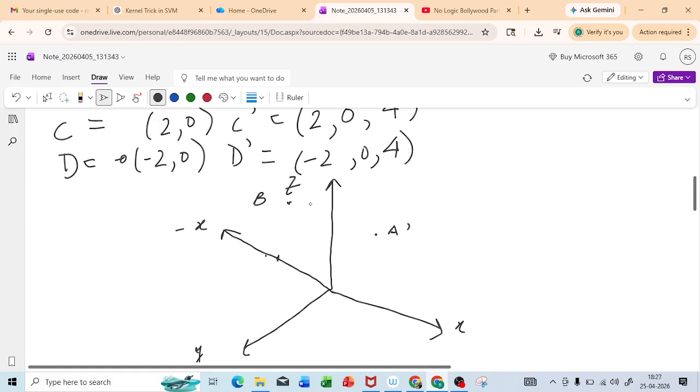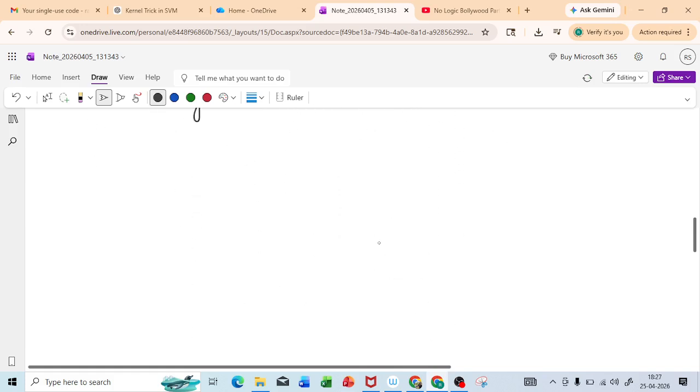The other two points are (2, 0, 4). So the second point over here, 2, 0 and 4, would lie somewhere over here. Let's call it C dash. C dash is (2, 0, 4), and D dash would be over here, (-2, 0, 4). So let me redraw this.